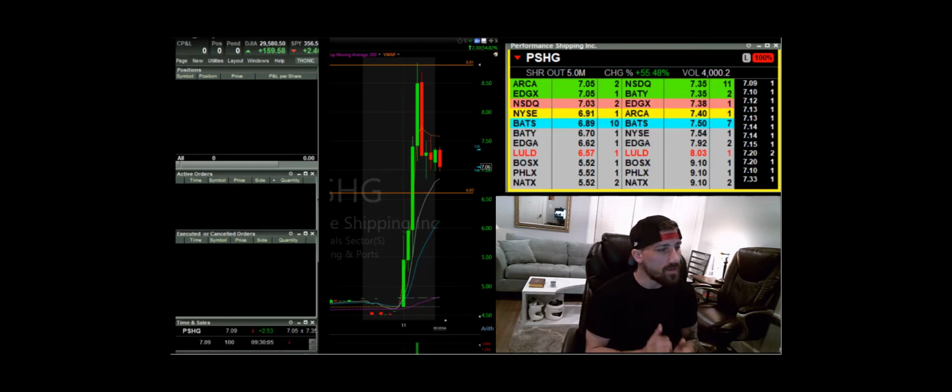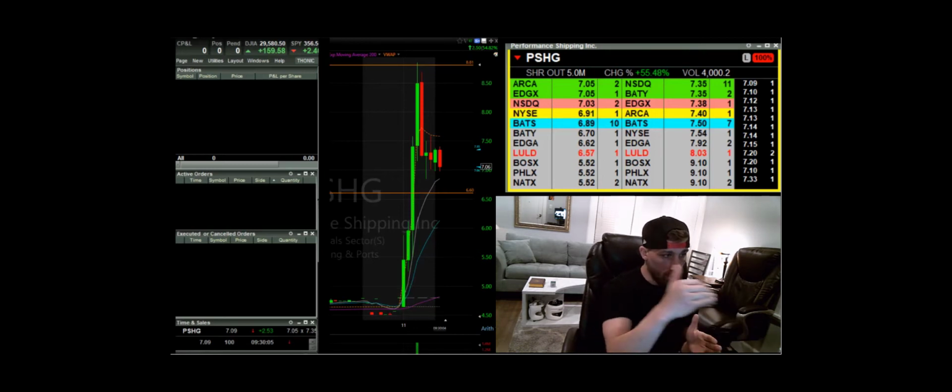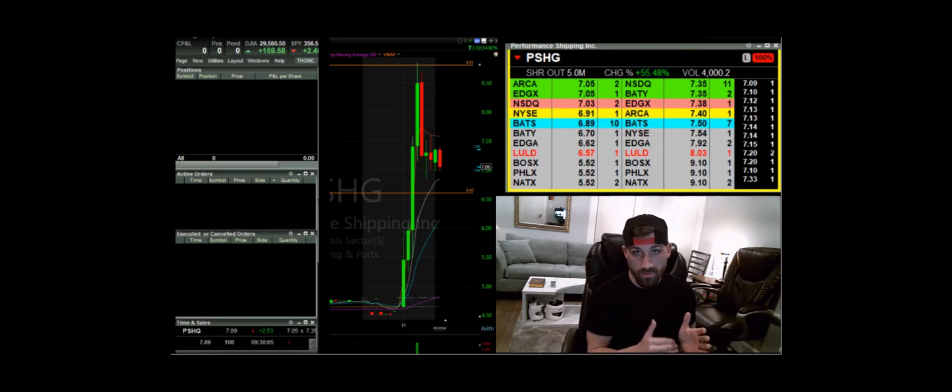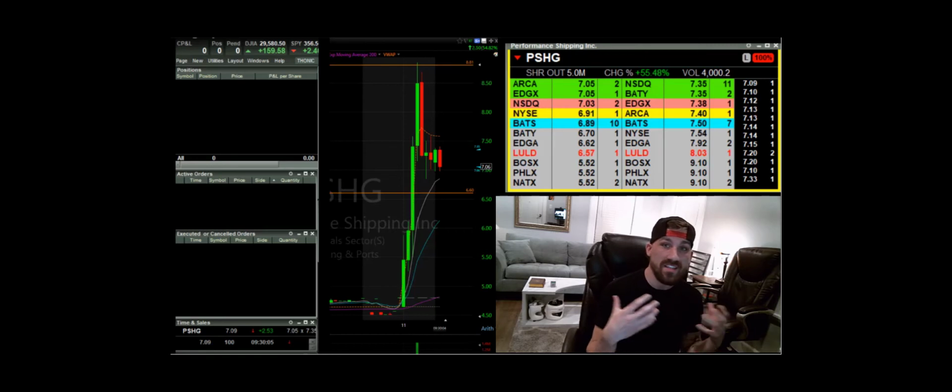And the other thing I also want to point out very briefly is the red symbol there that says LULD. Now, that indicates that if this stock either rises to 803 or dips very rapidly to 657, it's going to initiate a stock halt, right?